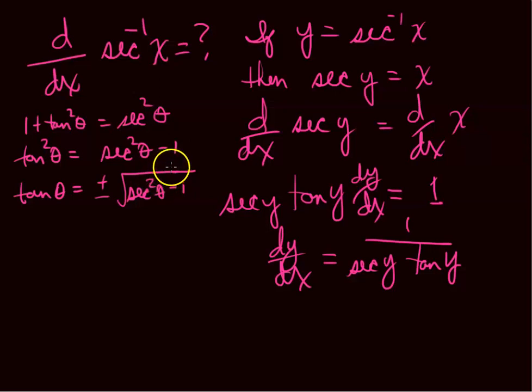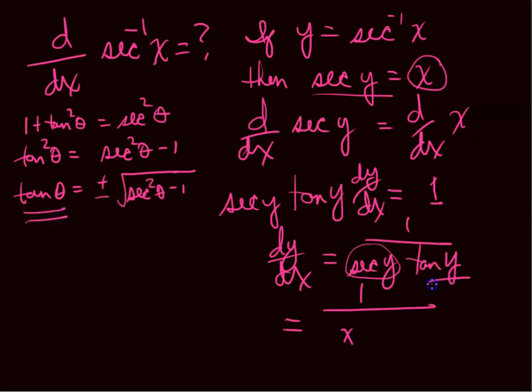So we're going to take that and put that in here. This secant y, so this is 1 over, the secant y we're going to replace with our x here. The tangent of y we're going to replace with this square root. So it's going to be secant squared y minus 1.